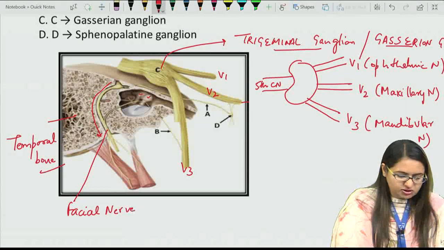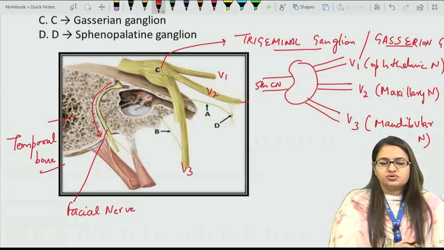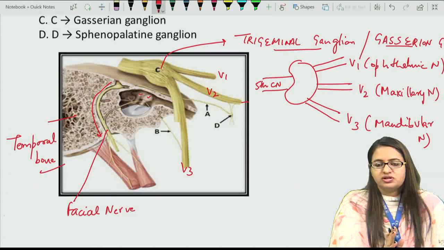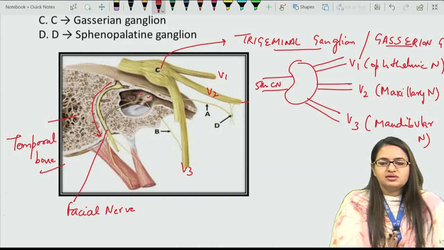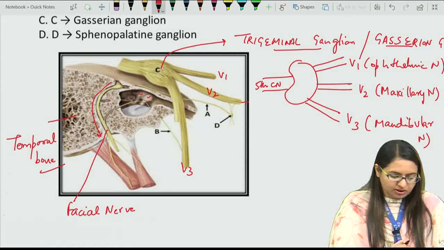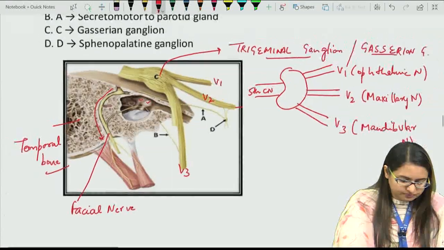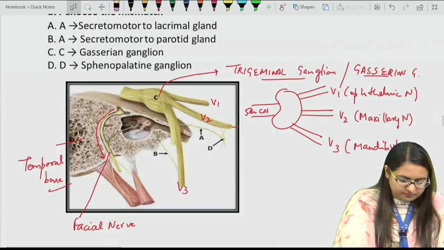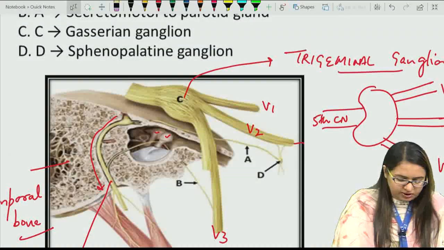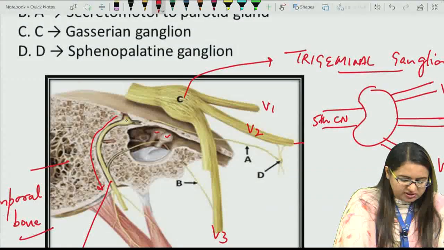This facial nerve in its course gives various branches. The three branches of the facial nerve given in this course are, first, the greater petrosal nerve, then the nerve to stapedius, and the chorda tympani nerve. This is the facial nerve, as we have discussed.